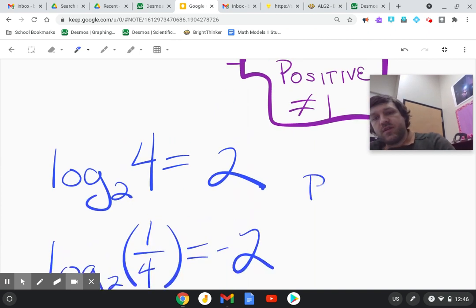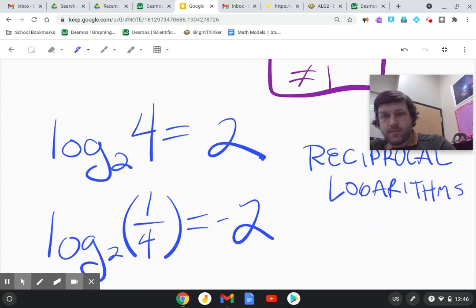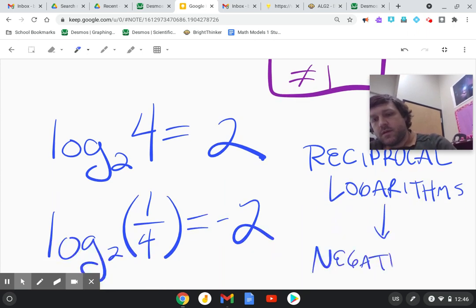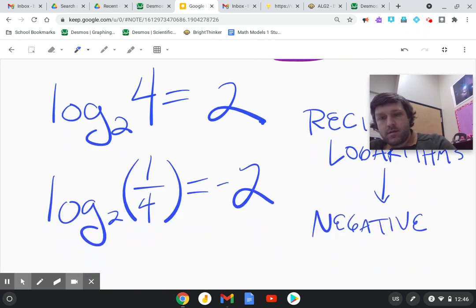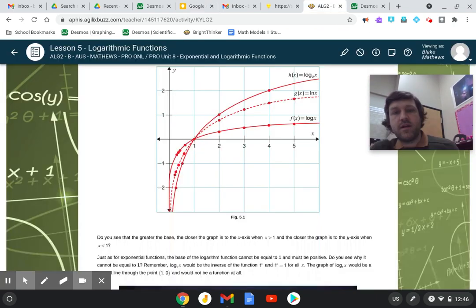So reciprocal logarithms give us the negative answer. That's what that's kind of summarizing. We'll see more of that in the actual lesson.